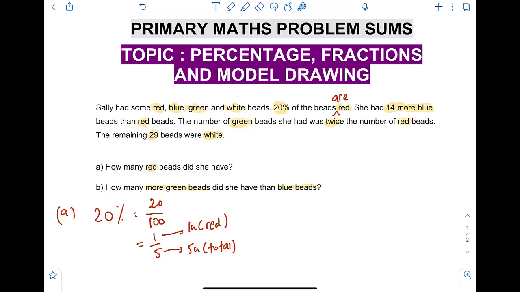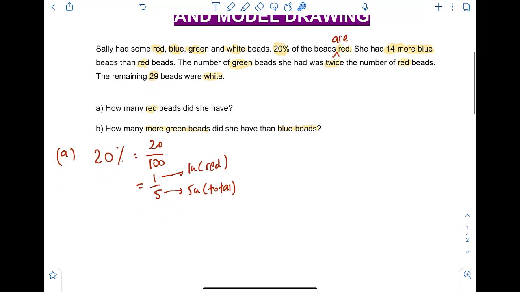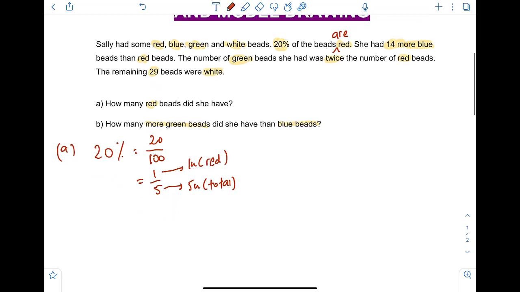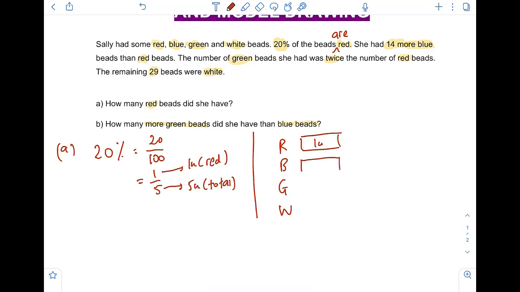She had 14 more blue than red beads. So if you were to draw a model: red, blue, green, white. Red, for sure, will be 1 box, 1 unit. Blue will be 1 unit plus another 14.